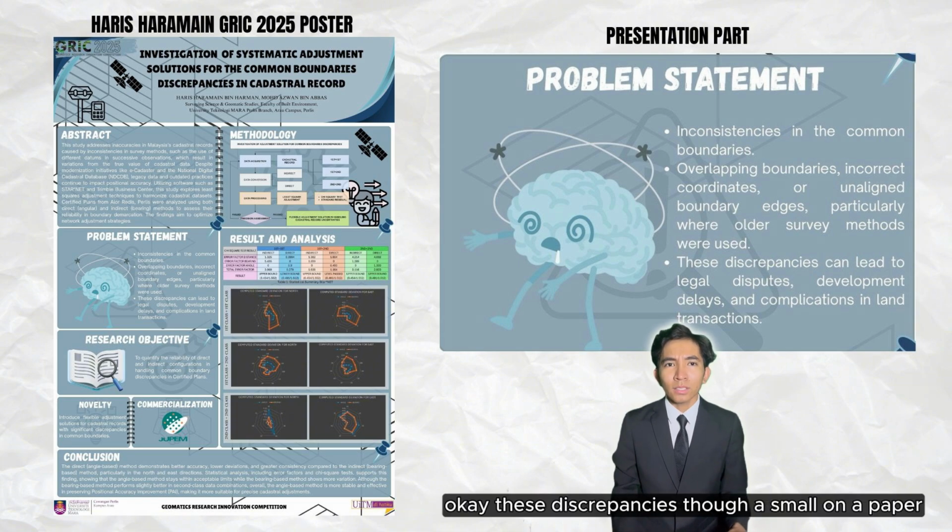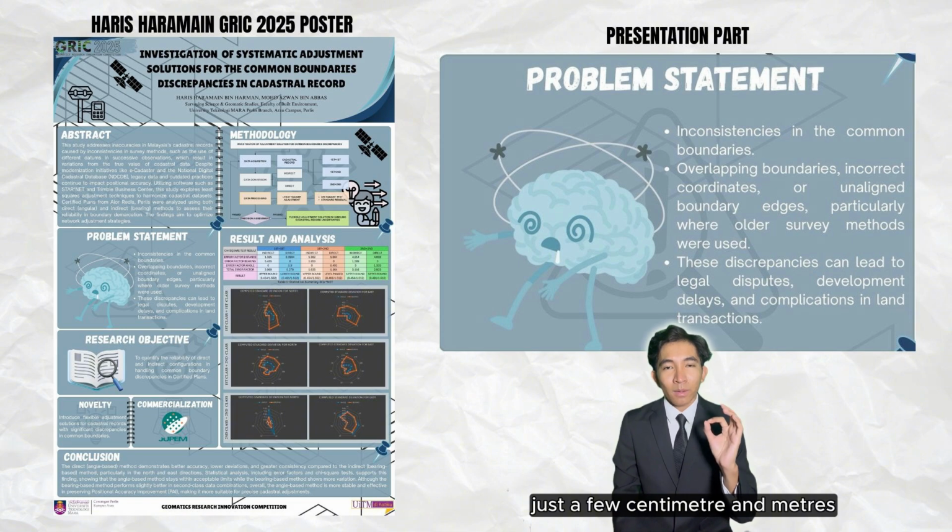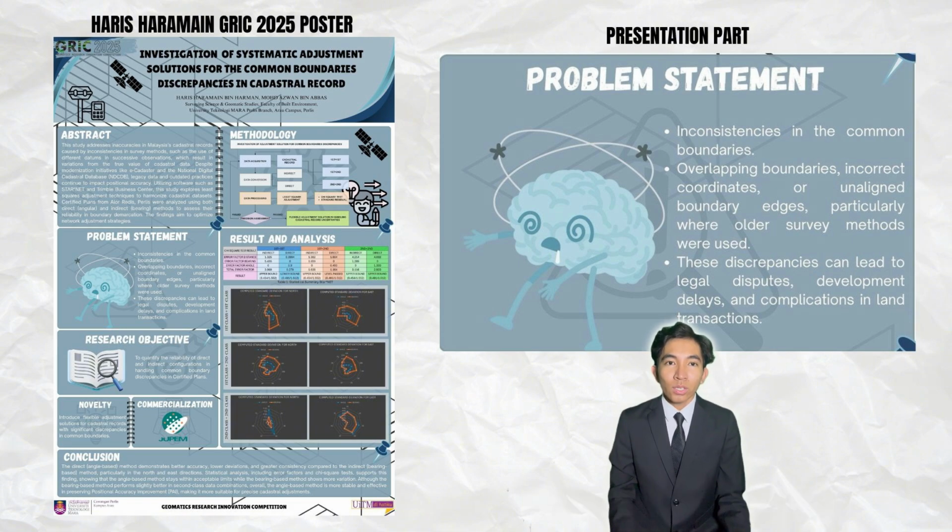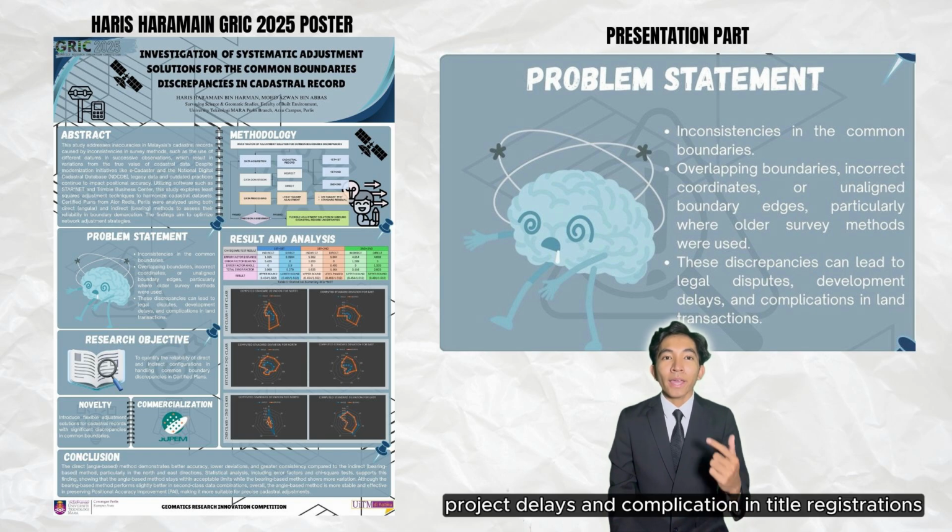These discrepancies look small on paper. Just a few centimeters or meters can cause land disputes, project delays, and complications in title registrations.